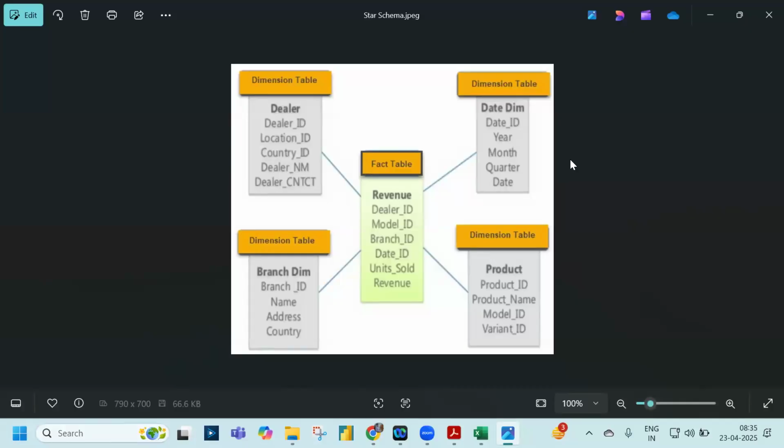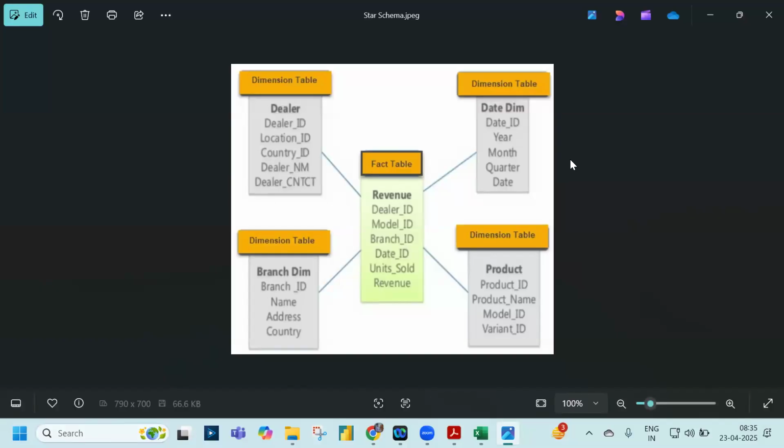A fact table contains numerical data which can be summed up, and the result of that column makes sense. So, fact table contains what? Numerical data. The result makes some sense if you do the sum. Okay, done.